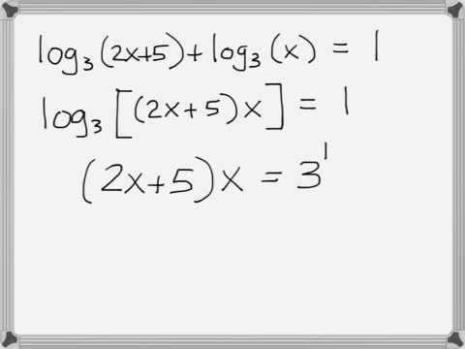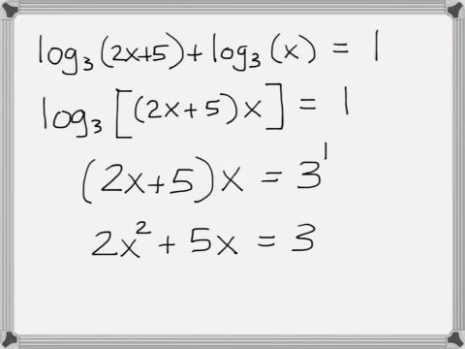So looking at what we have here, what we have is a quadratic. If we simplify things by distributing the x over on the left hand side, we get 2x squared plus 5x, and 3 to the first power, of course, is 3.